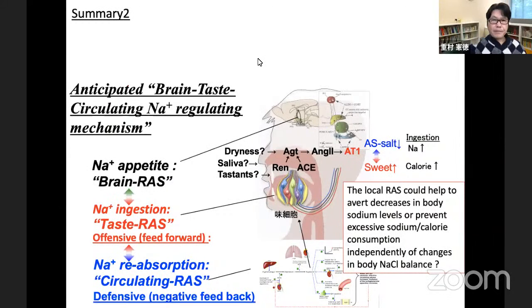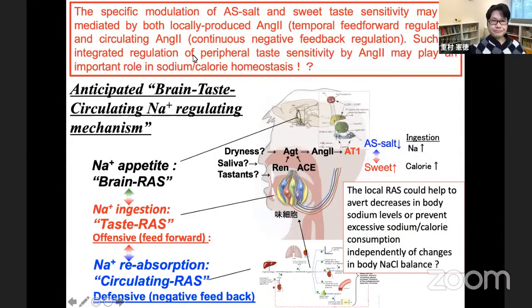This is the summary of the first part and second part. The specific modulation of amiloride-sensitive salt and sweet taste sensitivity may be mediated by both locally produced angiotensin 2, temporary feed-forward regulation by the local RAS, and circulating angiotensin 2, continuous negative feedback regulation.